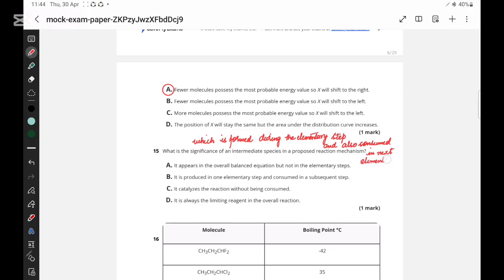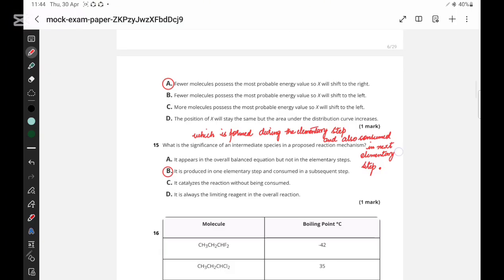So it will not appear in the equation. So you can select option B. It is produced in one elementary step, but it is consumed in a subsequent step. So it will not come in the final equation.